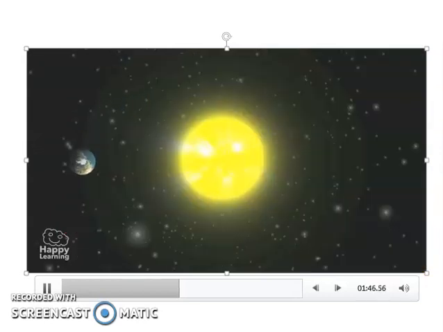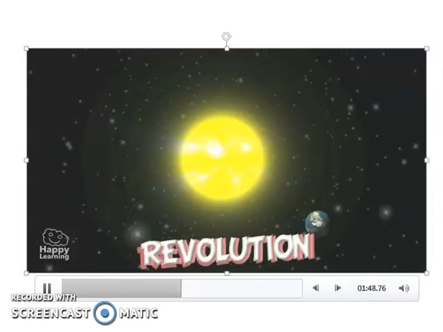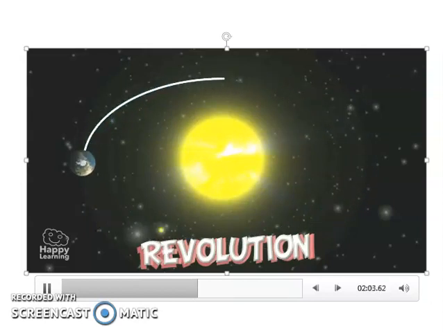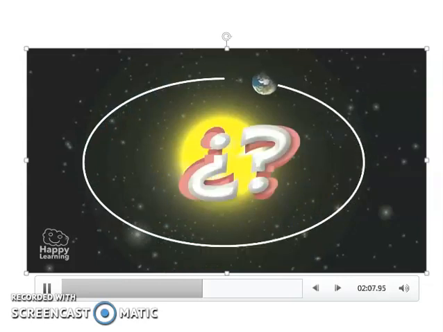Now let's see the movement of revolution. As you can see in the pictures, the Earth goes around the Sun in an elliptical orbit. That might sound a little strange, but if you look, you'll see it's simply the journey that the Earth makes around the Sun. Do you know how long it takes the Earth to make a complete revolution around the Sun?